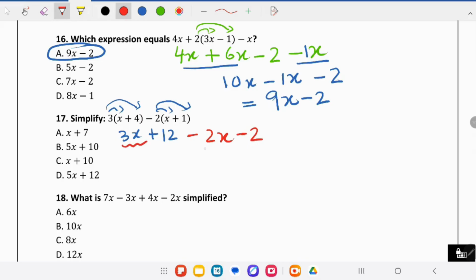I just underline my like terms and I will add or subtract according to their sign. So 3x minus 2x, I subtract the coefficients and I write 1x. We don't write 1. I will just write x. So plus 12 minus 2 is plus 10. So I will look for x plus 10, which is C.